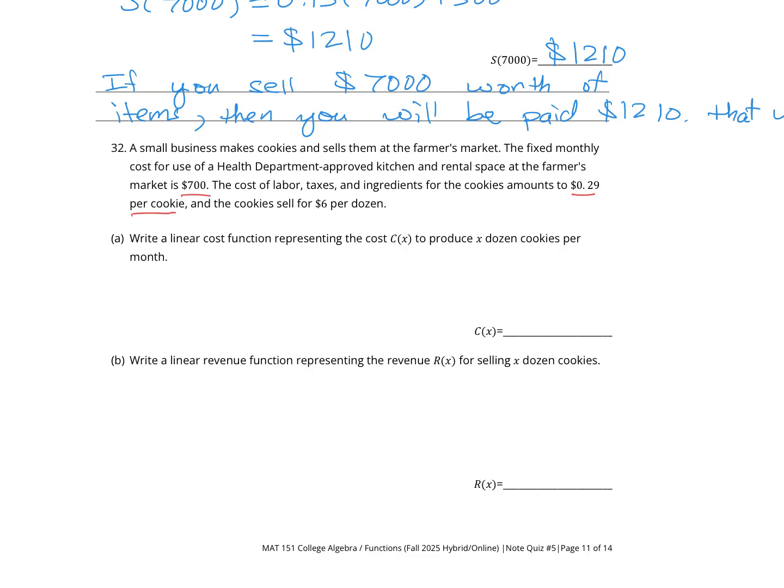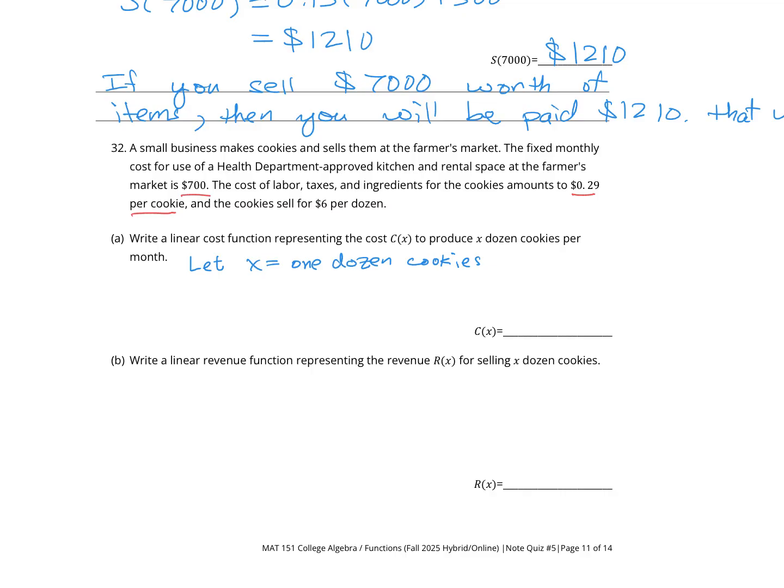So what we're going to do here is we need to define a variable. And you notice there's kind of a catchy thing. We've got 29 cents per cookie, but we also are talking about dozens of cookies. So the easiest and smartest thing to do here is to let your variable X represent 1 dozen cookies.